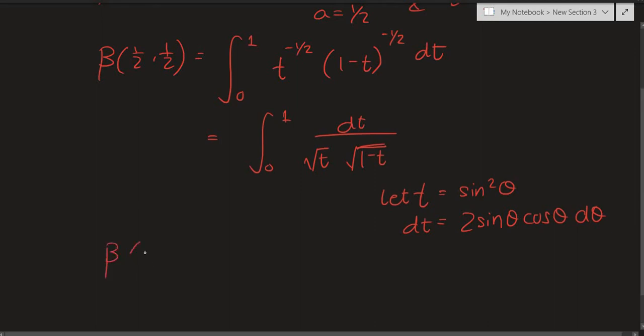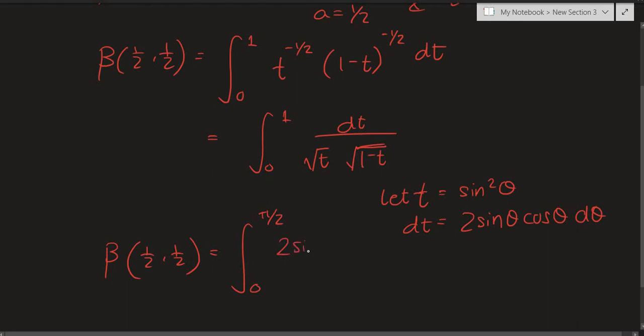When t is 0, sine squared theta is 0, since sine of 0 is 0. And when t is 1, if you take theta as pi over 2, you'll have 1 squared, which is 1. So the upper bound is pi over 2.